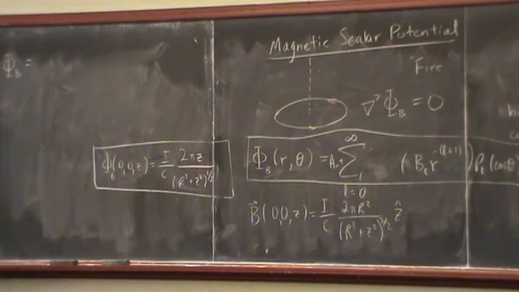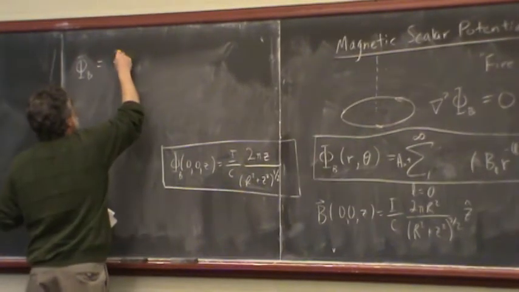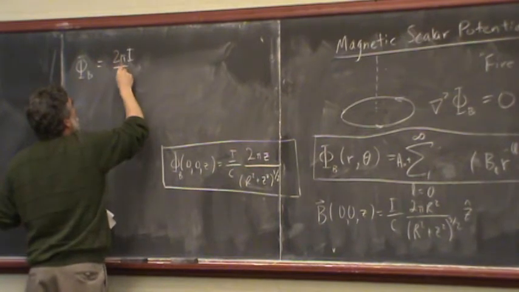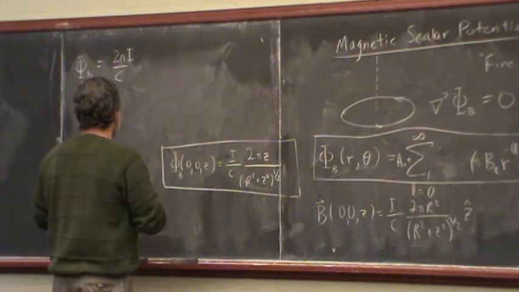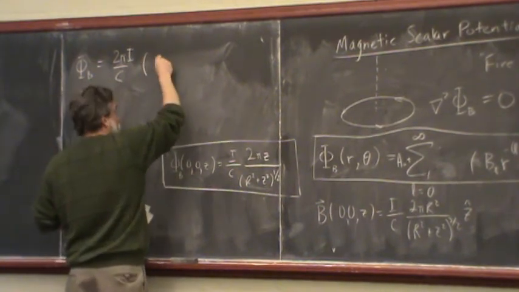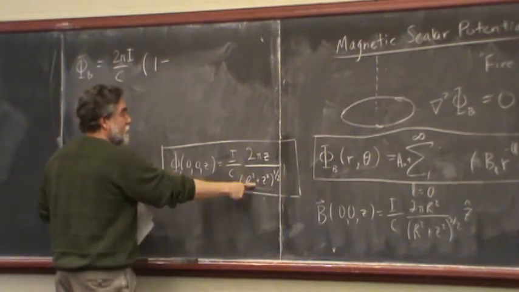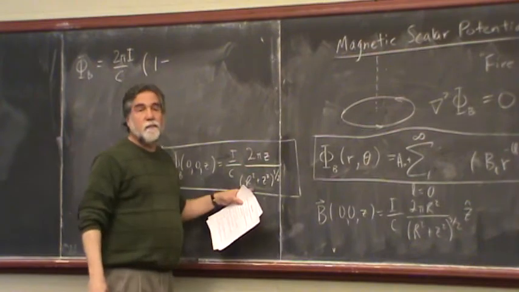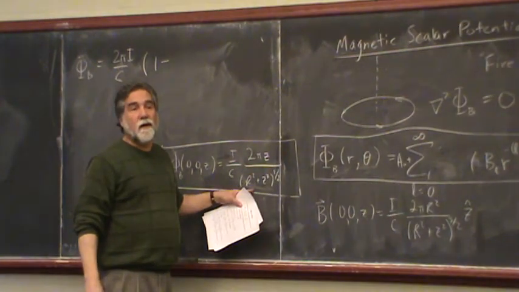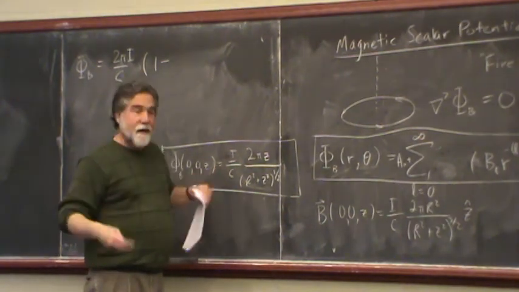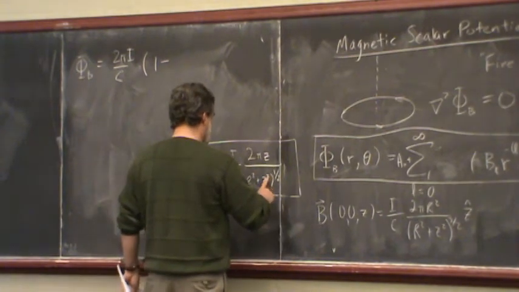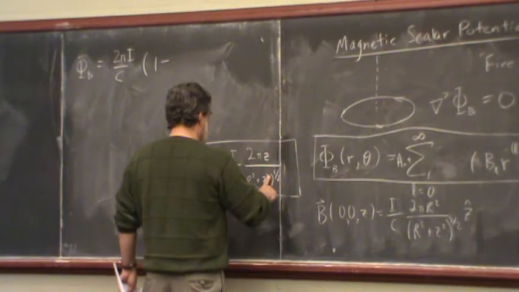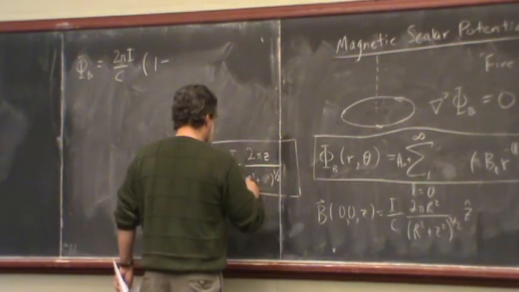and expand it. Right? It's 2 pi I over c times, I've taken care of all the constants, 1 minus. Now, I'll assume that z is much bigger than r, just so that I can write an expansion. So I'll rewrite this as z is bigger than r, so I want that to be small.